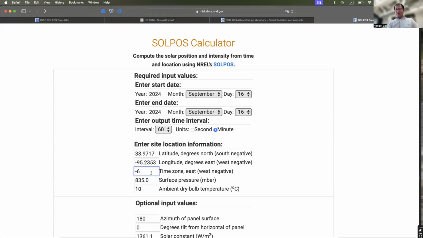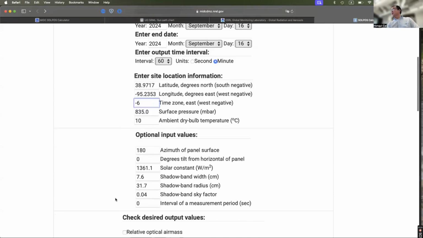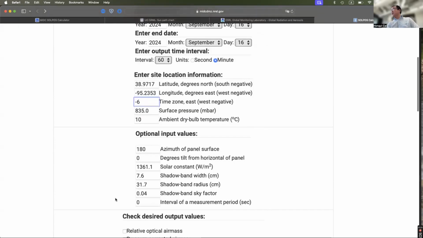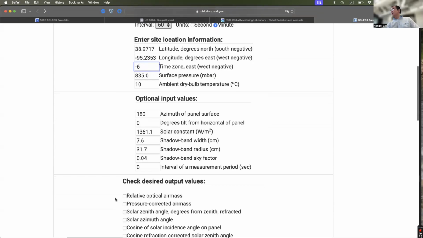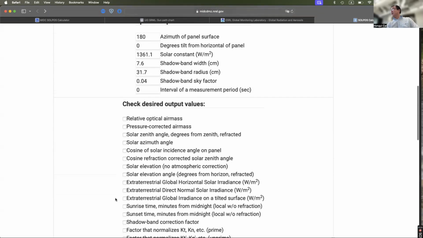Surface pressure, we actually don't care much about it. Optional input values, azimuth of panel surface, solar constant, interval measurement, shadow band radius. So this one has more than what we need. So we only want the azimuth angle, right?